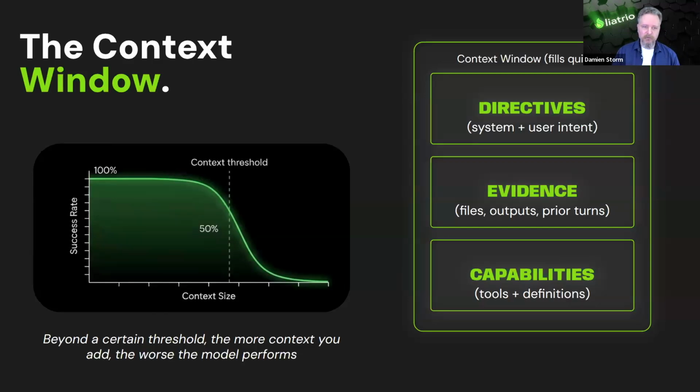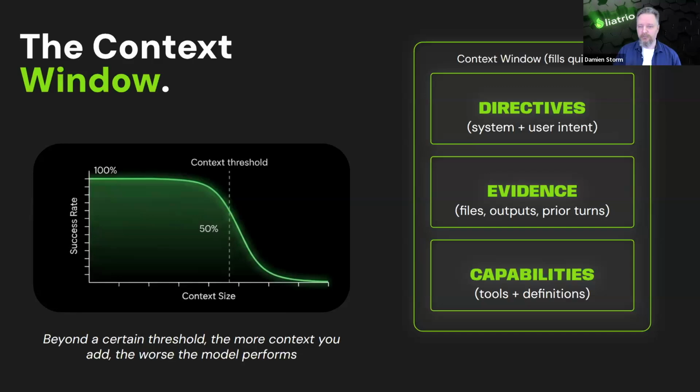So think about it like the workbench analogy, right? If you've got all of your tools and your project filled up like 100% of your workbench, you've got no room to work. You've got no room to move things around and think about different ways to approach the problem. It's a similar thing here. So you need to be able to control the context window very specifically. You need to control what goes into it, what the AI is looking at for each turn of the conversation.